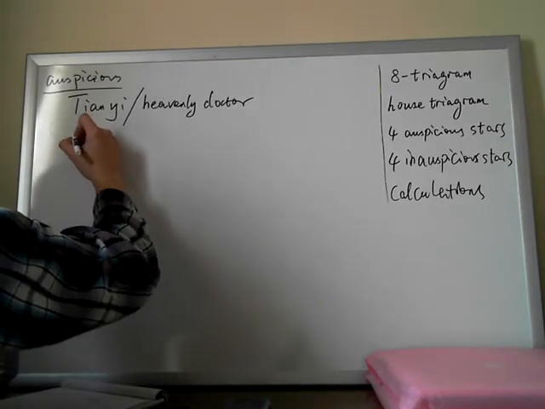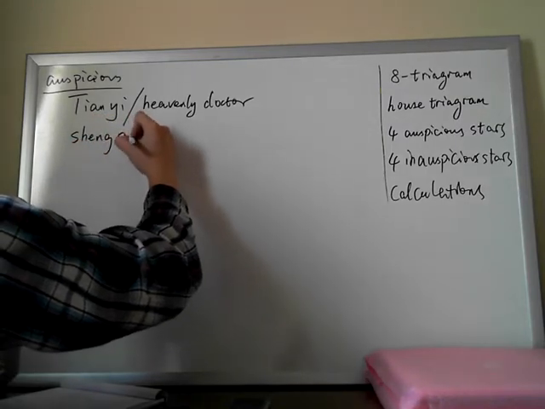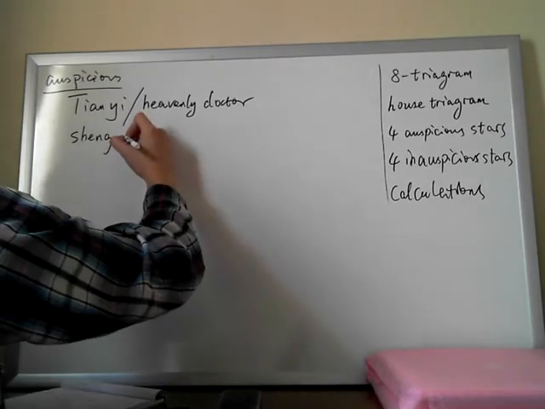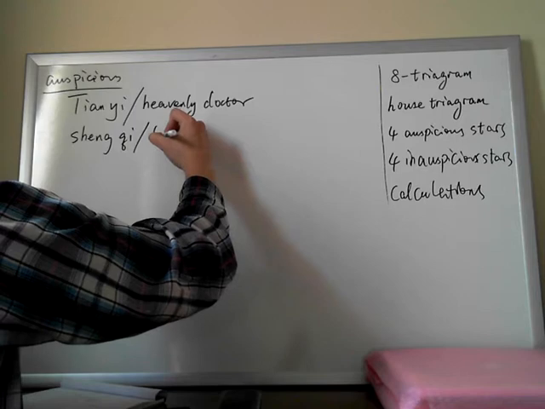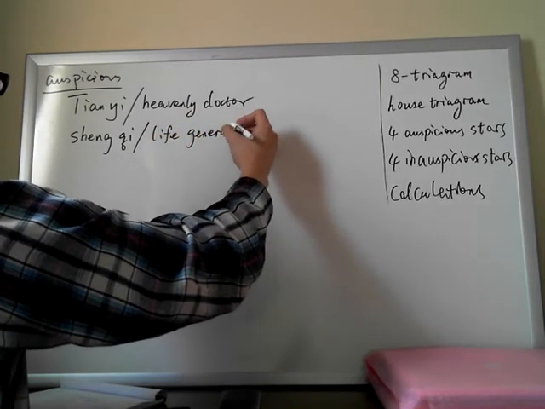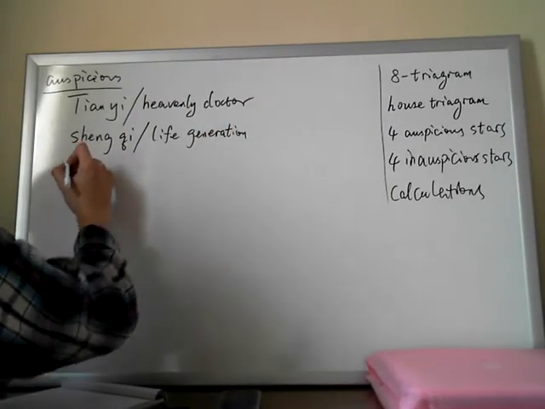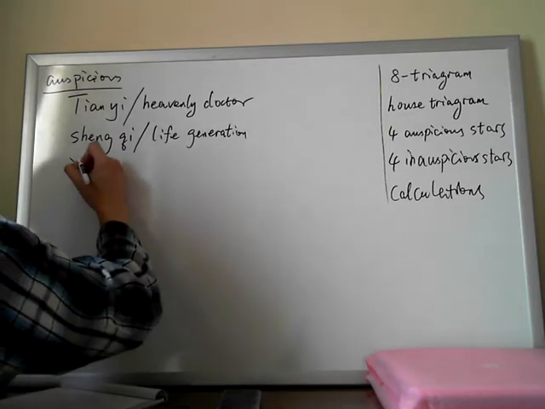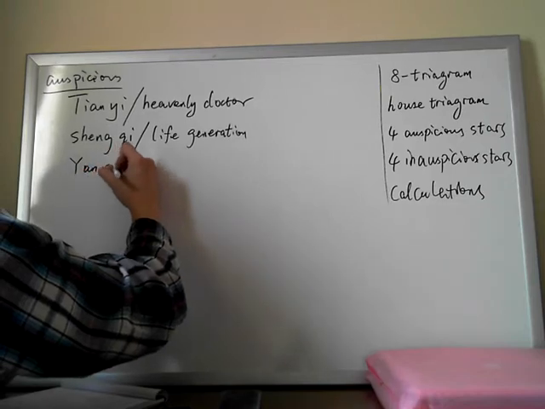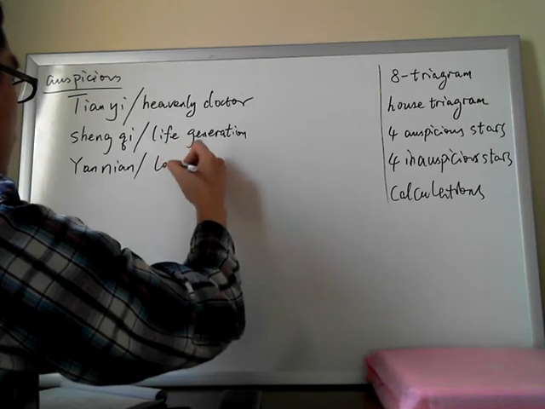And Tian Yi, and there is Sheng Qi. You guys can take note on it. Sheng Qi: life, generation. Sounds like auspicious, right? Life, generation. Yan Nian, that would be longevity.